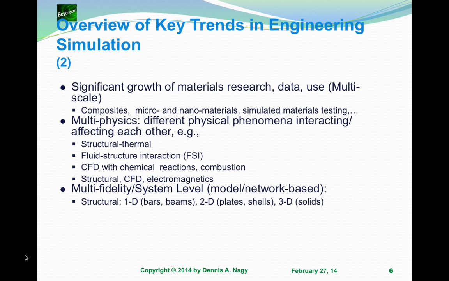So in the structural area, there's always sort of been the multi-level or multi-fidelity, and structural software really started out, MCAE and structural, in one-dimensional elements, at least bars and beams, and then went into plates and shells, and then solids. Same is true really in the flow region. You have a lot of piping network software that makes assumptions about the flow because it is a pipe and certain things are known about it.